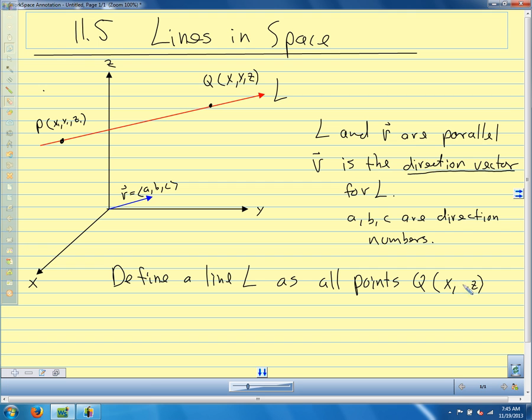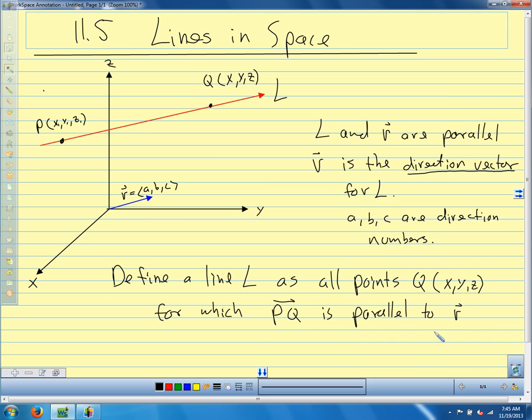This is the definition we're going to use: all points Q for which the vector PQ, where P is some point on our line, is parallel to V. That's how we're going to define a line in space. A line is the set of all points Q such that the vector from P to Q is parallel to this direction vector. That's going to give us a way to work with lines in space.